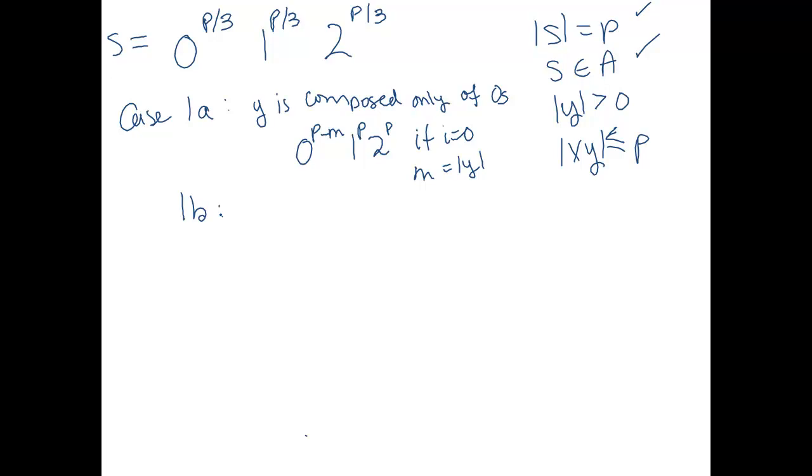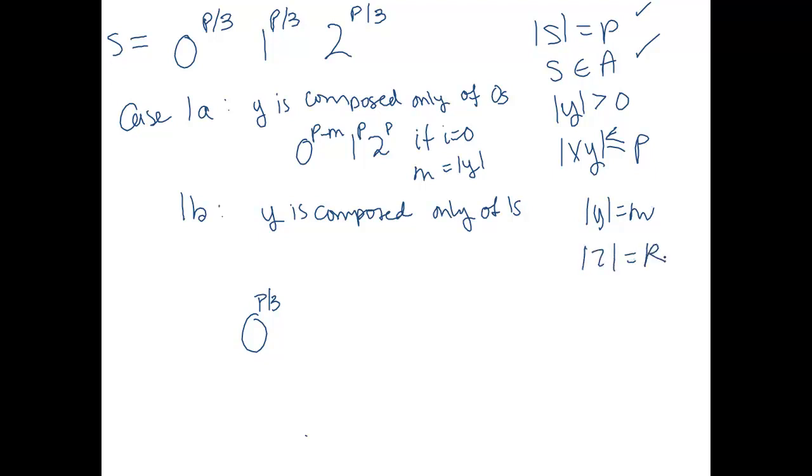So what I'm really saying is y is composed only of 1s. This is what I'm saying. And what I'm saying is I'm going to again use, as a running example, let me just put these here. Length of y equals m, length of z equals k. Okay, so when I say m and k, you know what I mean.